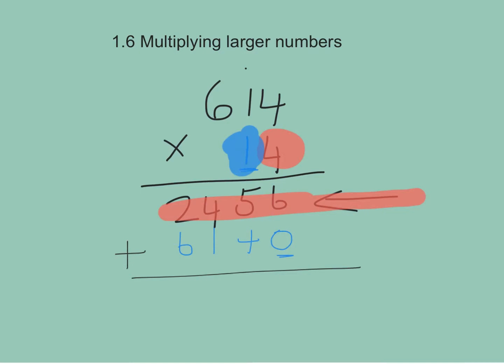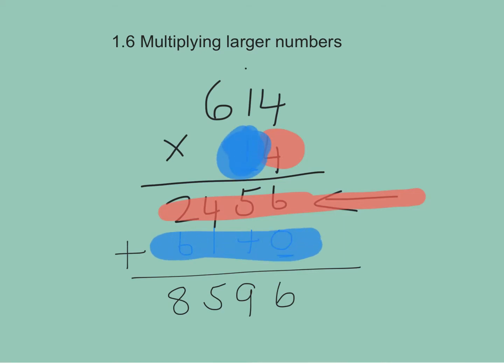So 6 plus 0 being 6, 5 plus 4 is 9, 4 plus 1 is 5, and 2 plus 6 being 8. So that is my answer for 614 multiplied by 14, with this over here being the tens that I've just multiplied that value by. Hope you got that.